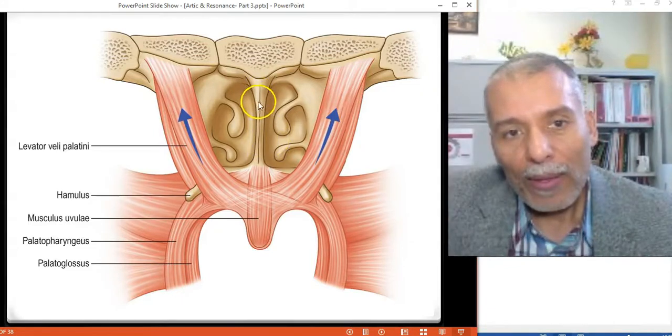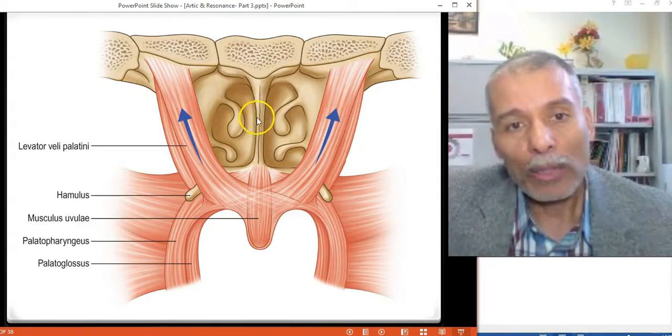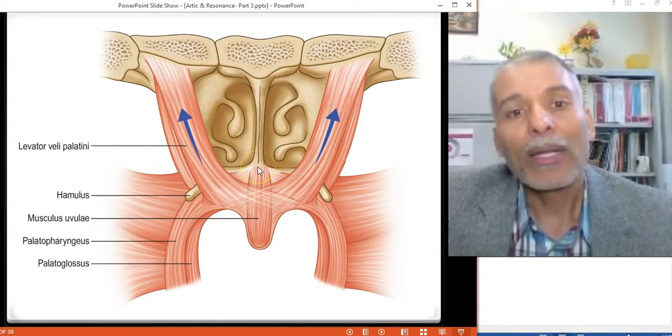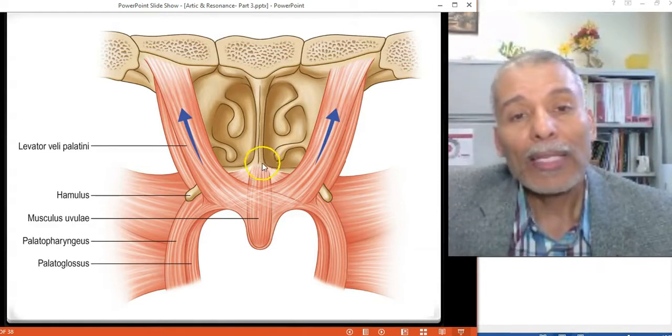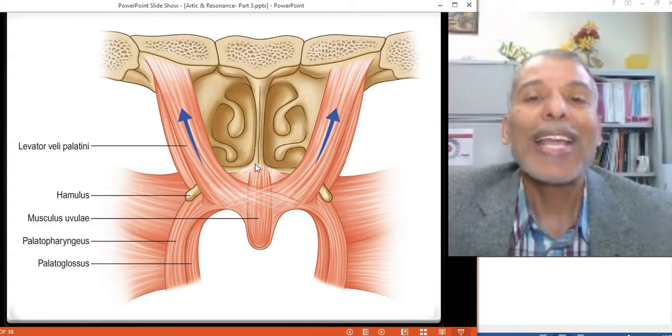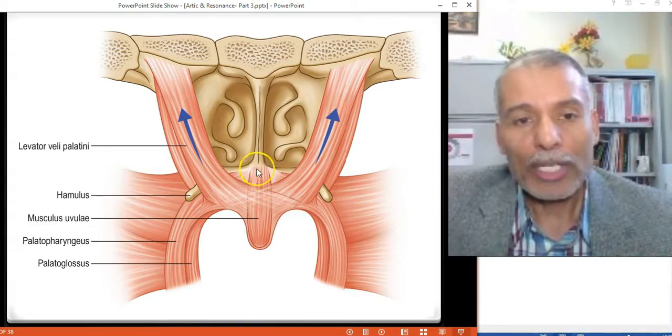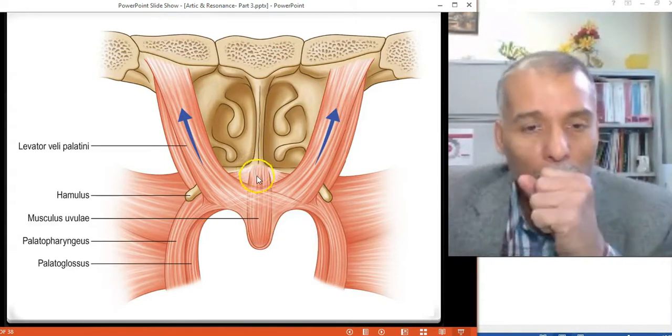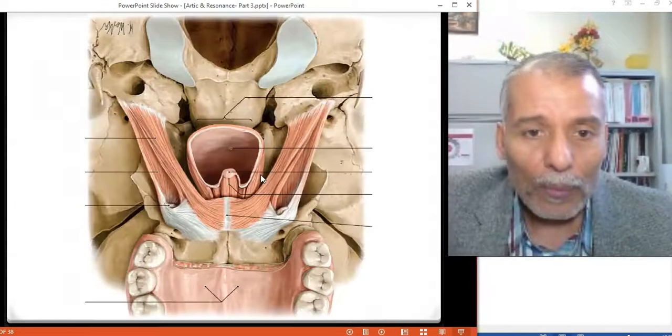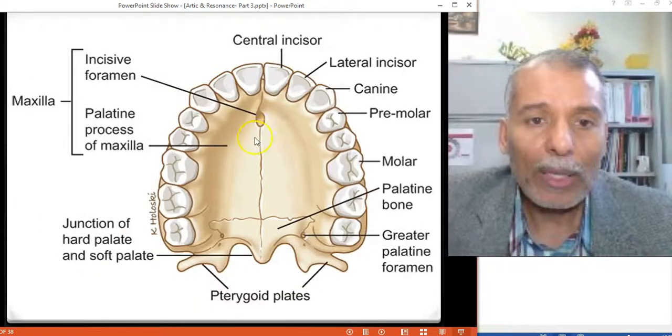At the point where the posterior part of this bone fuses with the palatine bone here, that area is called the posterior nasal spine. So the musculus uvulae originates on the posterior nasal spine. Let's go, I have another thing here.